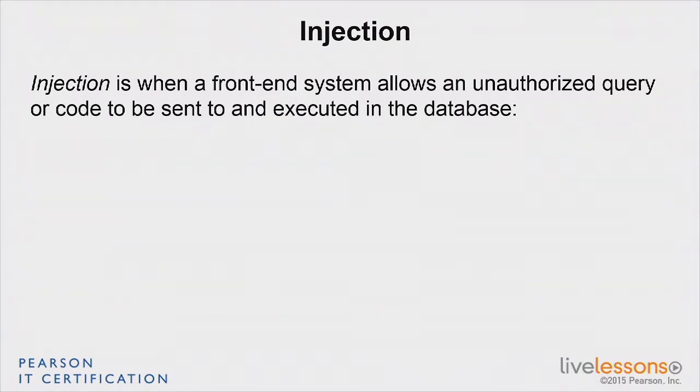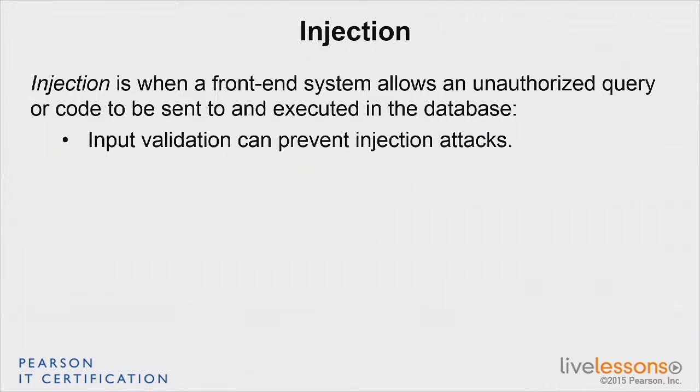In this case, it would be sent to or executed in a database. Generally, the outcome of an injection attack, and I'm sure you've heard of SQL injection, is to extract information from a database or to be able to view information in a database. Certainly, unauthorized access is a violation of confidentiality and privacy. So as we've discussed earlier, input validation can prevent injection attacks.